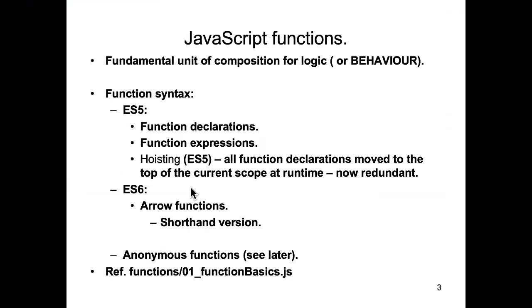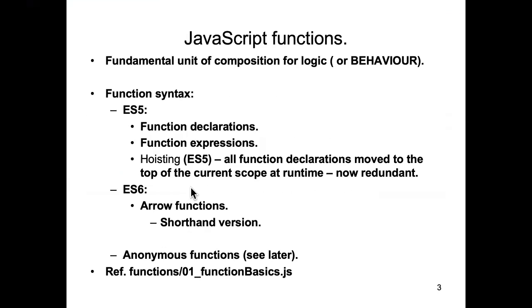Functions are how we encapsulate behavior as opposed to state. Objects are all about representing state, whereas functions are all about representing behavior. They are the fundamental unit of composition for logic in JavaScript, and they're natively built into the language.